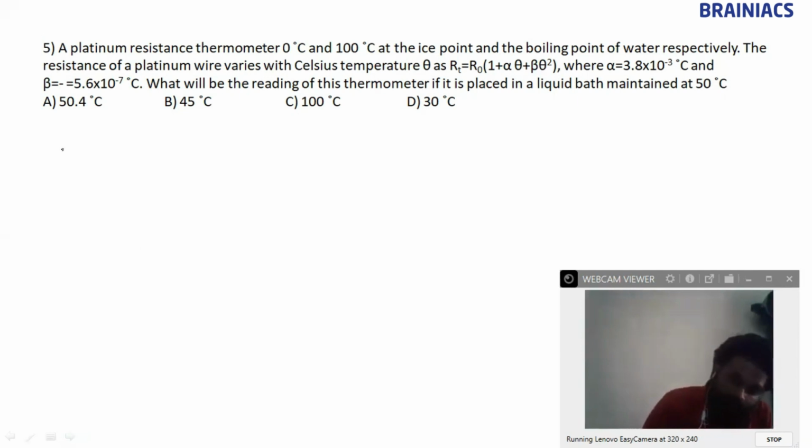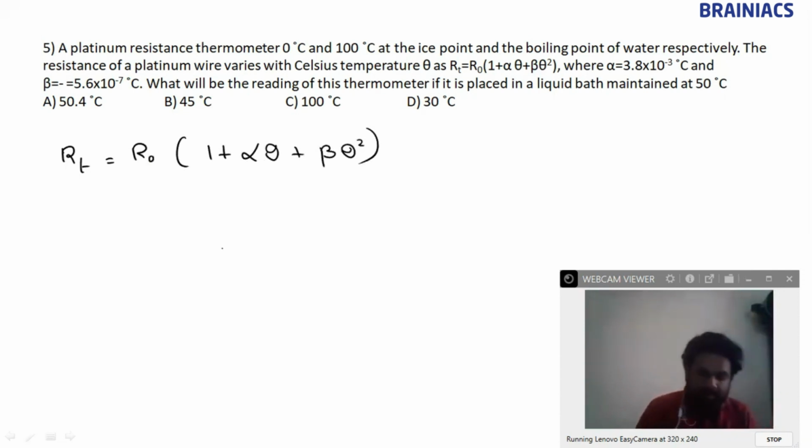So first point is, R_T is given as R naught into 1 plus alpha theta plus beta theta square. This is the temperature, this is the resistance of the wire at a temperature T. Let us do, suppose what will be the resistance at 100 degrees Celsius?